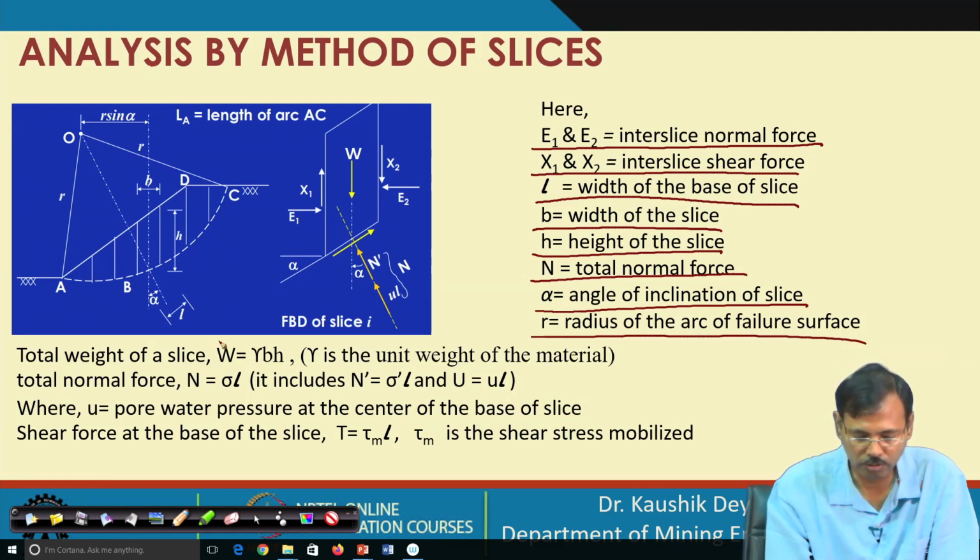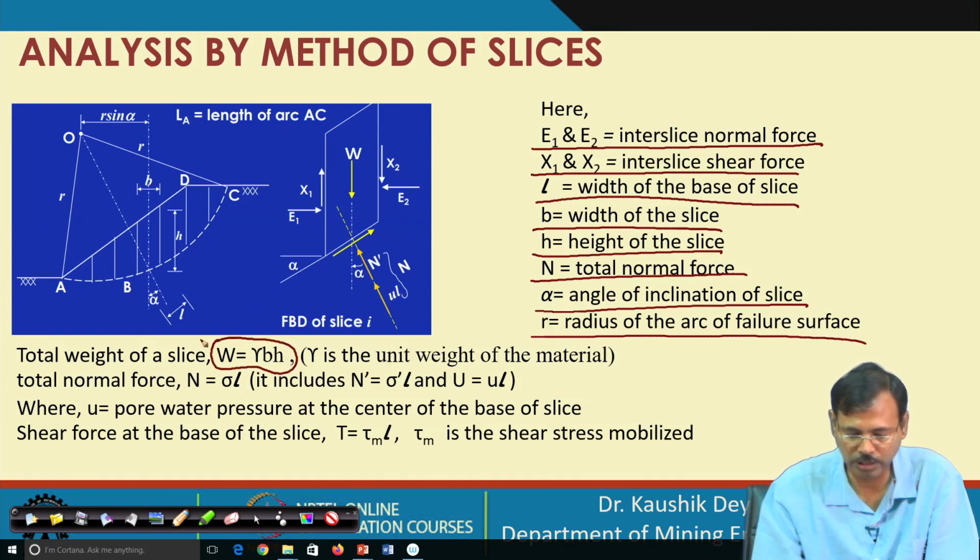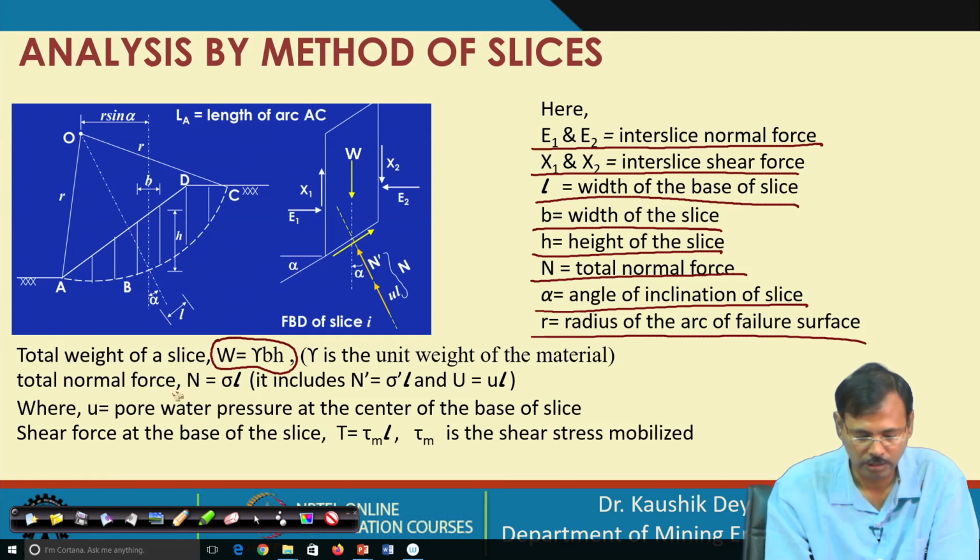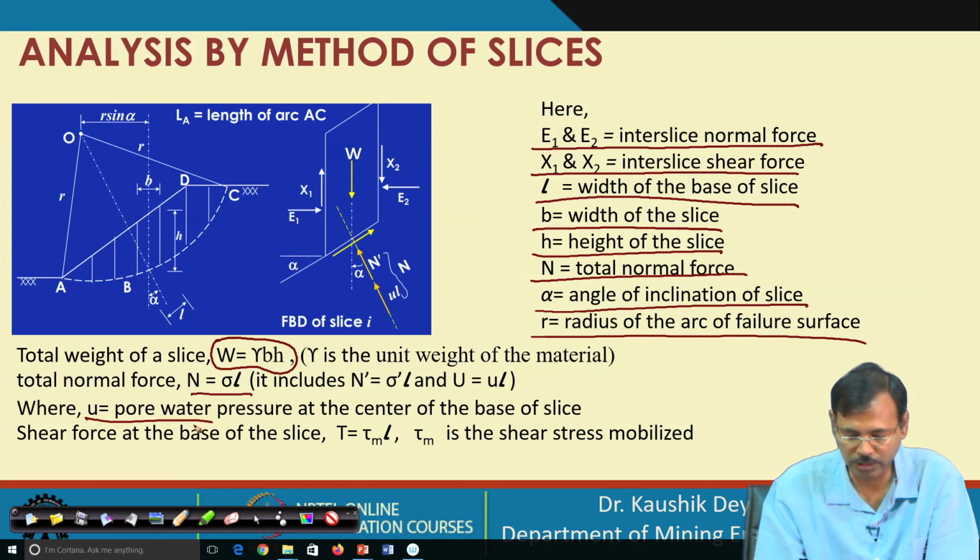Then the total weight of the slice is W equals gamma B H, where gamma is the density, and this is the total normal force and this is the pore water pressure.